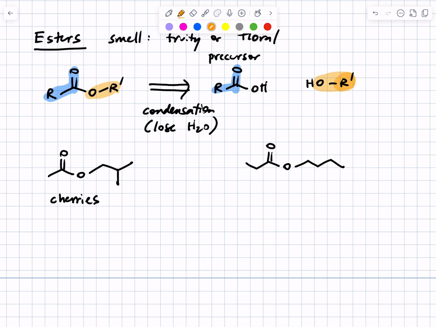So here you can see, comparing these two, that the carboxylic acid portion is different, and the alcohol portion is also different. And it is interesting that your nose is sensitive to that small of a structural change, because you know the difference in smell between cherries versus apples.